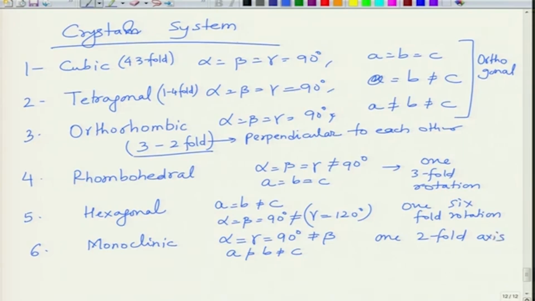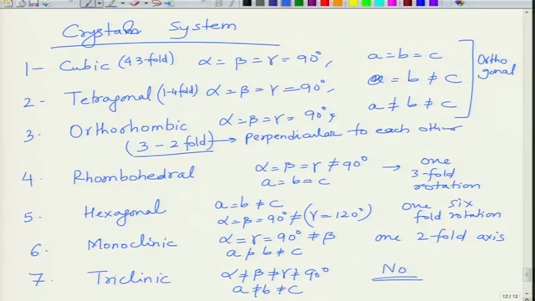Okay, and then the seventh is triclinic, for which alpha is not equal to beta is not equal to gamma is not equal to 90 degrees, and A is not equal to B is not equal to C, and it does not have any symmetry element. So, these are the classifications which have been made on the basis of symmetry.